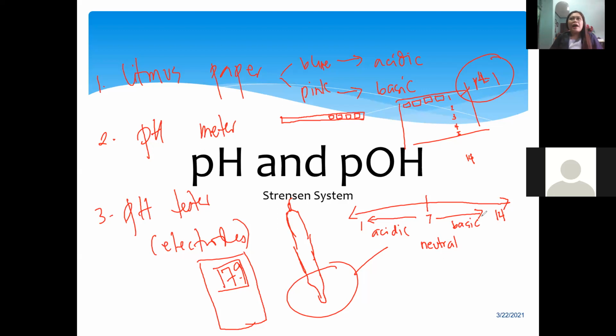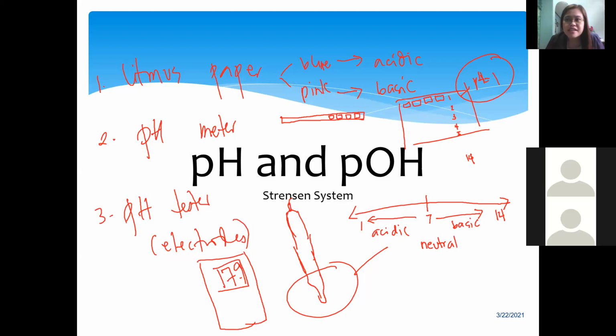So you have to know. Kasi kapag mag-work na kayo in the laboratory as medical technologist, it is important to know the pH. For example, I have tried, syempre, nagpa-urinalysis. So kasama doon yung pag-determine ng pH ng ihi.